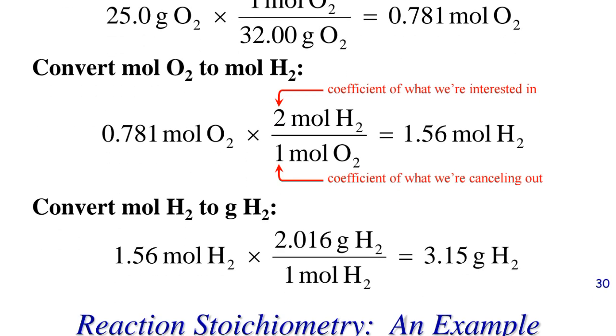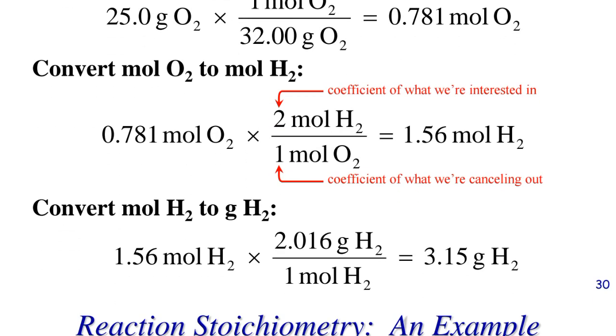After you get the number of moles of the desired species, which here is to find the mass of hydrogen gas, we have obtained the number of moles of hydrogen gas by correlating with the chemical equation using the coefficients.